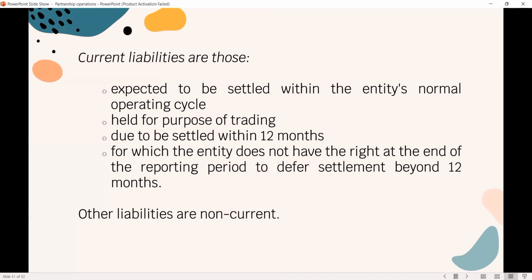So hindi na siya nasa normal operating cycle na 1 year or 12 months. So it means na these are non-current liabilities na. So other examples, nandun yung debentures, long-term loans, bonds payable, deferred tax liabilities, long-term lease again, and pension benefit obligation. So these non-current liabilities are debts that can be paid after a year. So, yun po yung non-current liability.